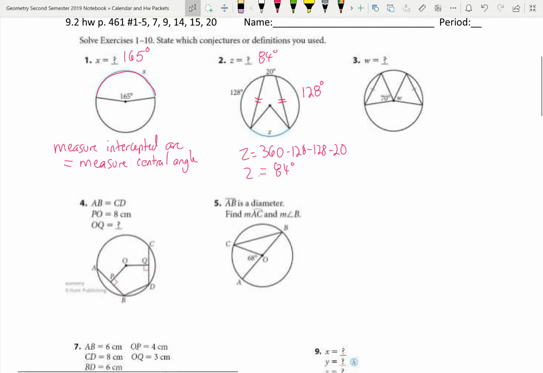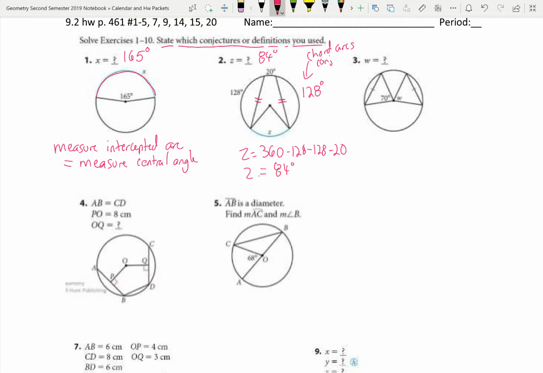The problem asks you to state which conjectures or definitions you used here. This being 128 comes from the chord arcs conjecture, and that's from investigation 2: if two chords in a circle are congruent, then their intercepted arcs are congruent.